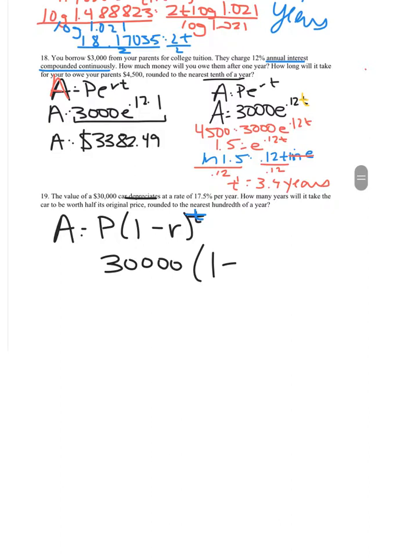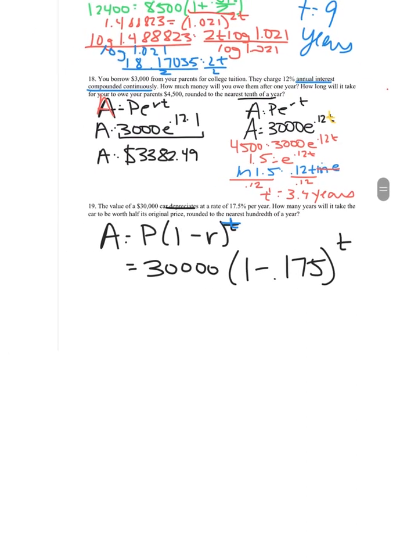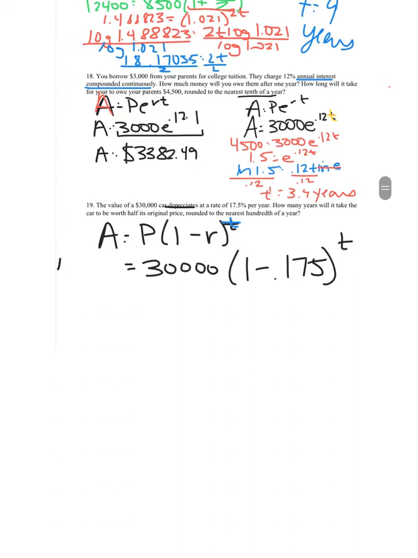And the rate is 17.5%, which is 0.175, so 1 minus that is 0.825, raised to the power of T. The question is, how many years will it take for the car to be worth half its original price? So if it started out at 30,000, half its original price is going to be 15,000. So we divide first.